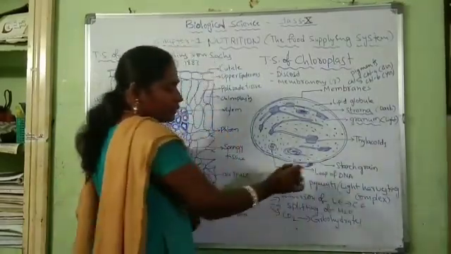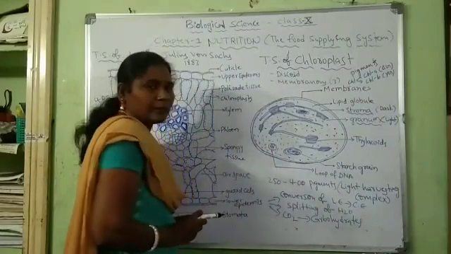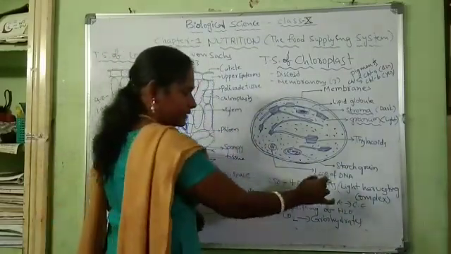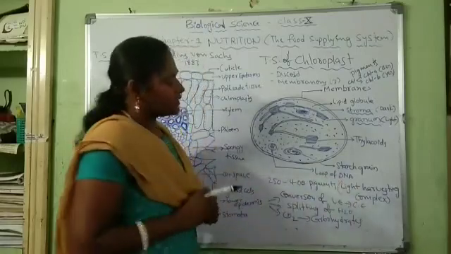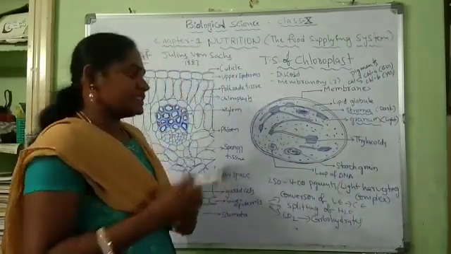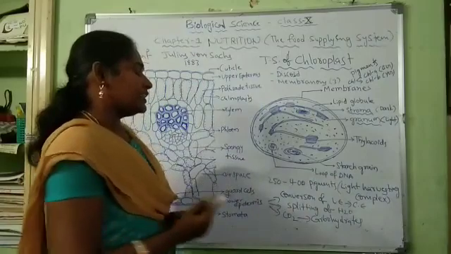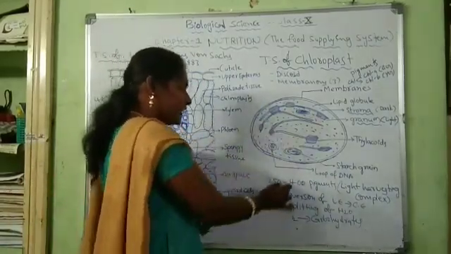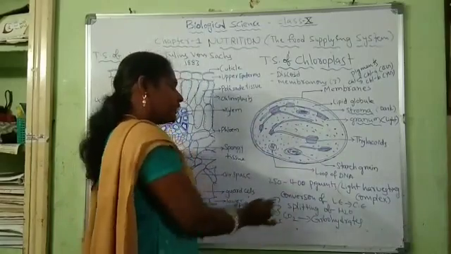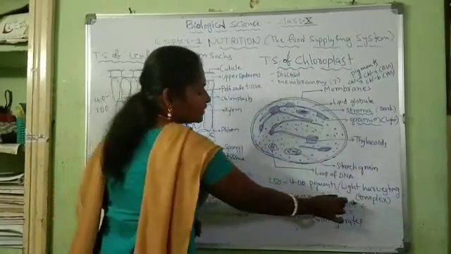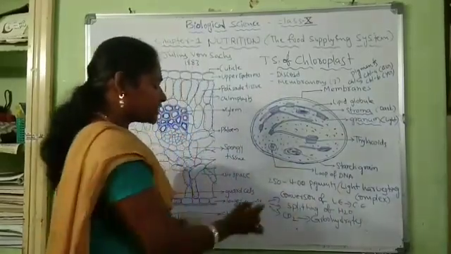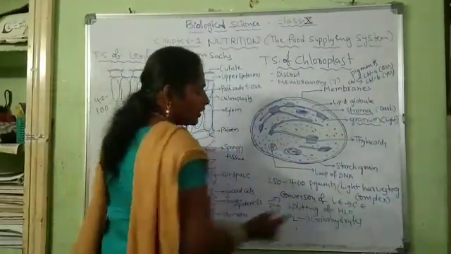So these innumerable units perform a series of processes in photosynthesis. In the chloroplast there are three actions: the conversion of light energy to chemical energy, splitting of water, and reduction of carbon dioxide into carbohydrates.